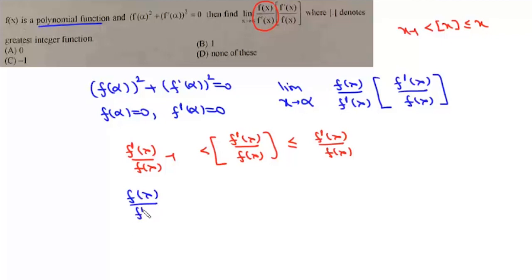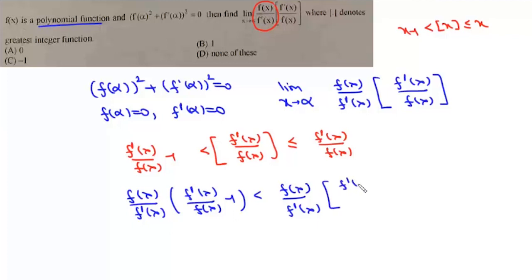We can write this as f(x) upon f'(x) into f'(x) upon f(x) minus 1, it is less than f(x) upon f'(x) into the greatest integer function of f'(x) upon f(x), and less than or equal to f(x) upon f'(x) into f'(x) upon f(x). Now I'll cancel. Here this first part will cancel.